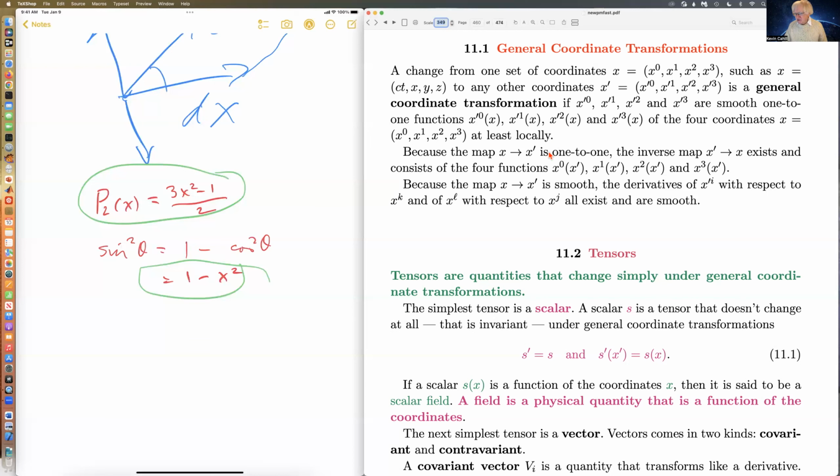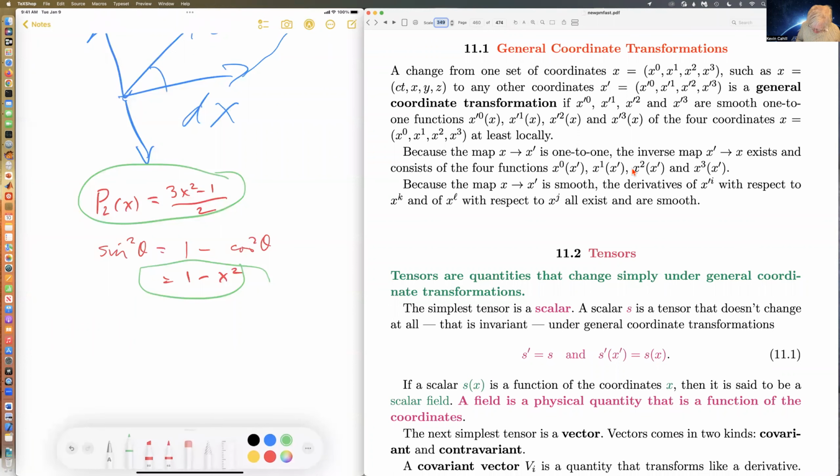Now, because the map is one-to-one, the inverse map exists, and then that's for smooth functions. We'd want them to be smooth functions of x prime that give you the original coordinate. So you can go both ways.